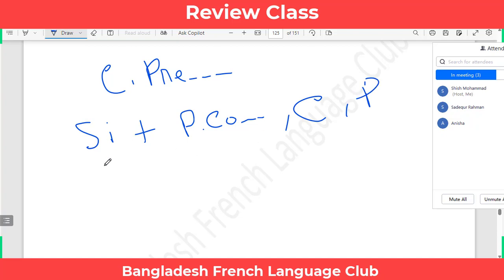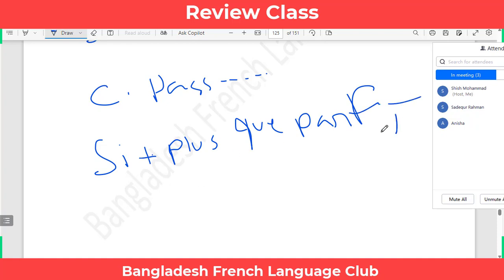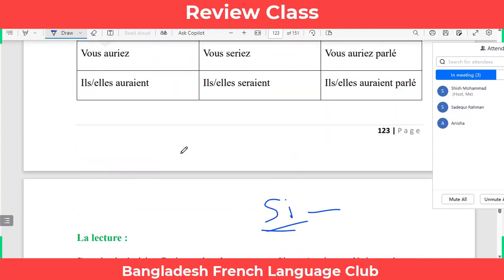Okay, and for conditionnel passé, the si clause would be in le plus-que-parfait. Okay, and then the independent clause would be in conditionnel passé form. Okay, conditionnel passé. So how are we making the conditionnel présent and conditionnel passé? The rule is here, right?